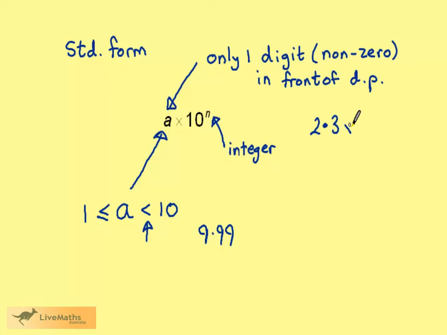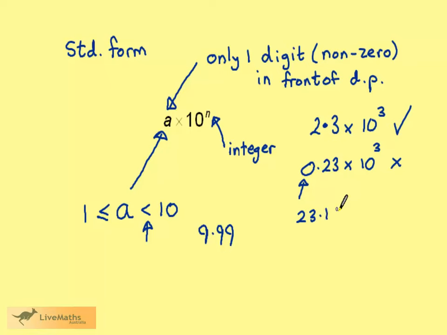If we consider 2.3 times 10 to the power 3, this is a number in standard form. We just have one non-zero digit in front of the point, and the power is a whole number. If we considered 0.23 times 10 to the power 3, this is not in standard form, since the digit in front of the decimal point is not non-zero.